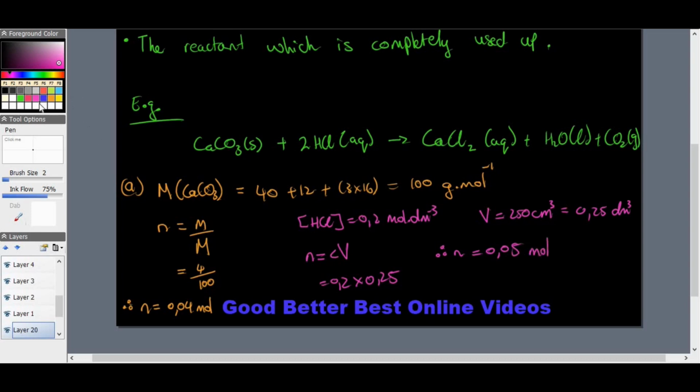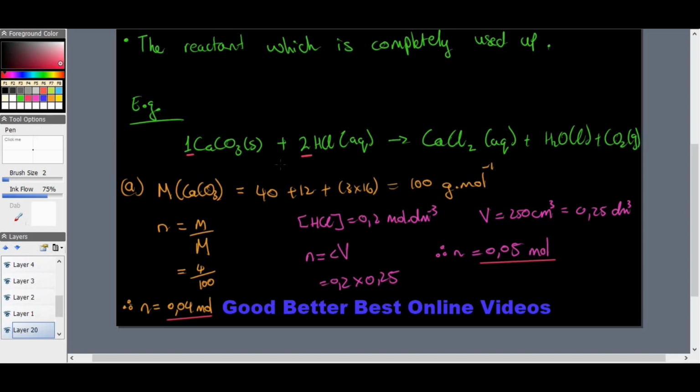So we have two values, here and here. But from the equation, we know that for 1 mole of calcium carbonate, we need 2 moles of HCl, because there's an invisible 1 here. In fact, let's write it in for explanation purposes. We clearly see that 1 mole of calcium carbonate needs to react with 2 moles of HCl.